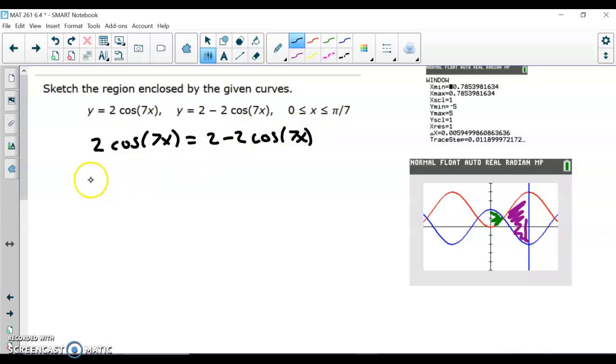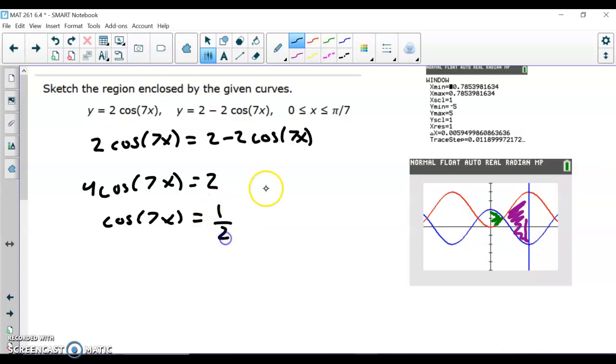So if you combine the cosine terms, you get 4 cosine of 7x equals 2, which means cosine of 7x needs to be a half, right? 2 over 4. Remember cosine, if we just set up a little right triangle here, or you can use the unit circle if you prefer. This theta here is the argument of cosine, which is 7x, right? Cosine puts the adjacent side over the hypotenuse, or the radius here.